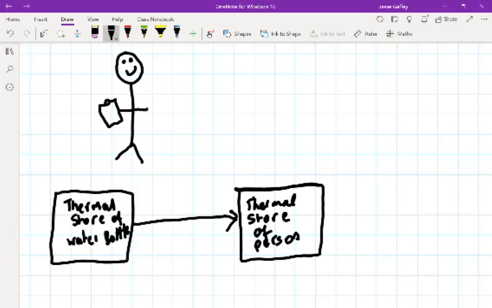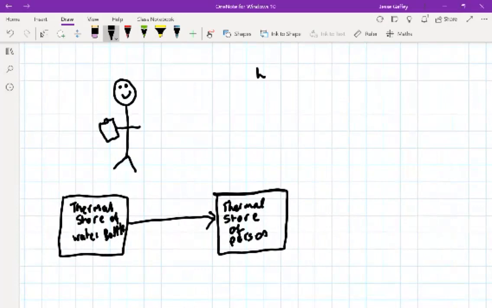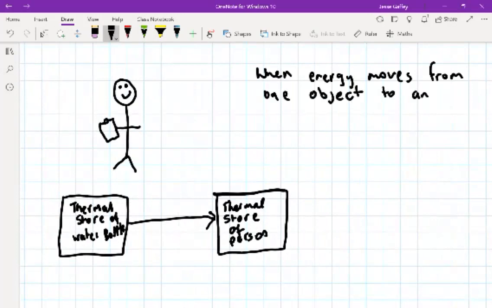Now, when this happens, energy moving from one object to the other, we say that an energy transfer has occurred. So when energy moves from one object to another object, we say that an energy transfer has happened.